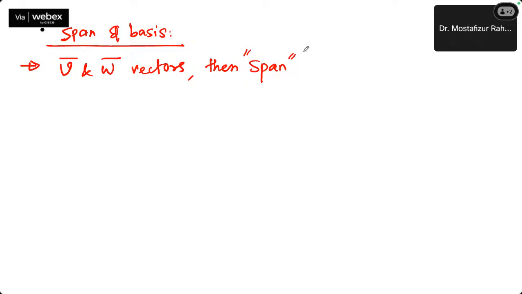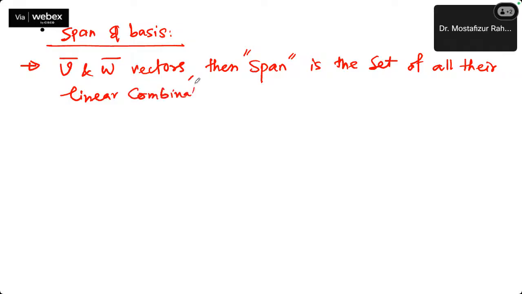The span of these two vectors is the set of all their linear combinations, alpha v plus beta w, where alpha and beta are two scalars or some coefficients. So alpha and beta, let's take them as real scalars.